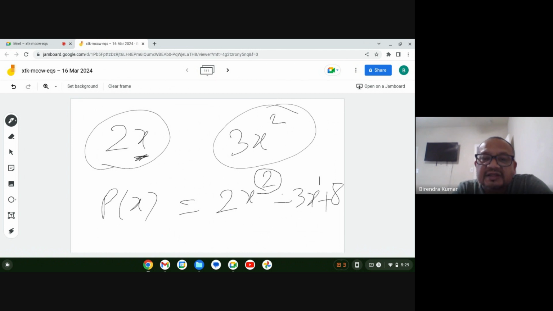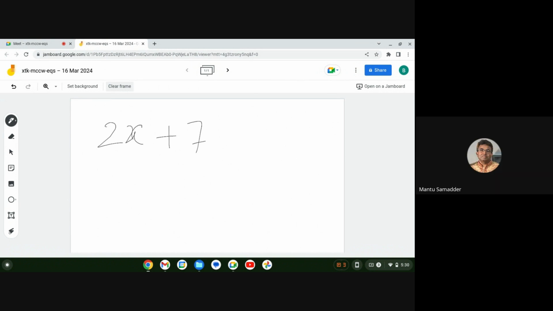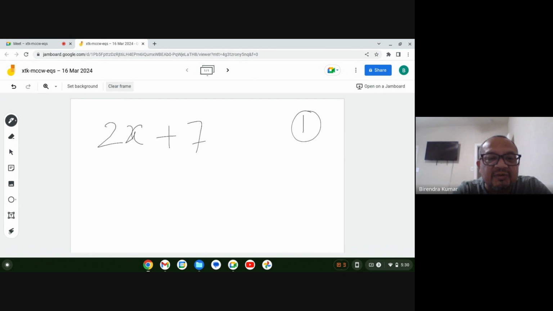The maximum power of the variable, or the maximum value of the exponent for the variable, is called the degree of the polynomial expression. So if I have a polynomial expression like this, the degree here is 1 because the maximum power on the variable is 1.